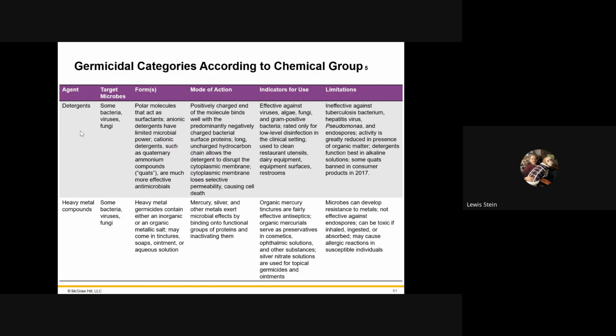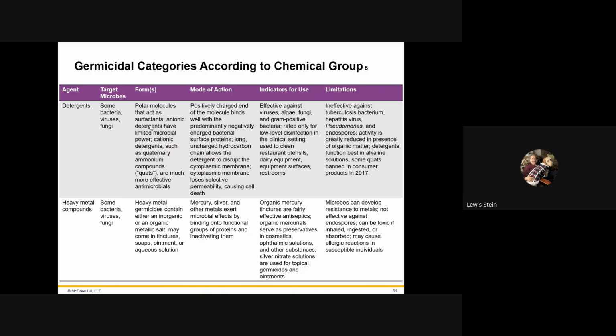I know it's a long-winded presentation, just going over a chart and me reading to it, but that's what happens. They're polar. A surfactant basically means one side, the negatively or positively charged aspect of it, will be soluble in water. The other side will be more compatible with the less water-soluble material, dirt, grime, yuck, like this.